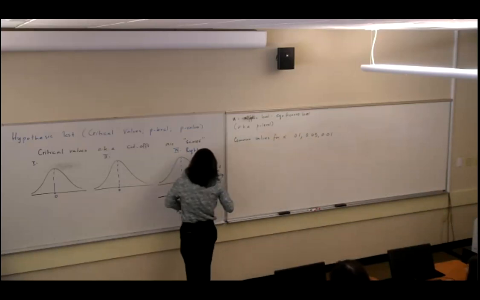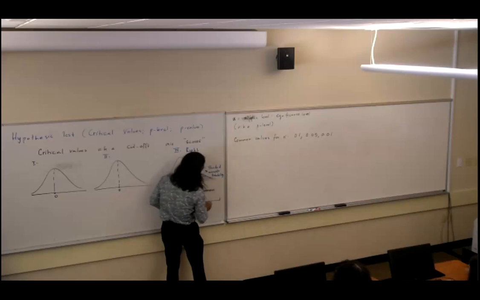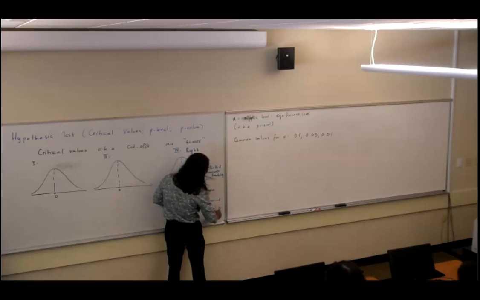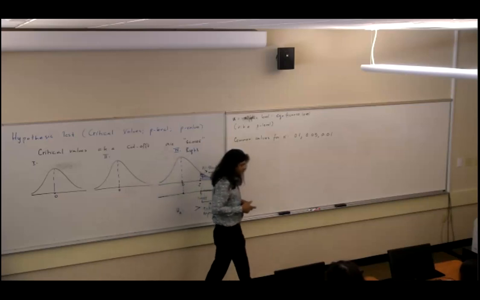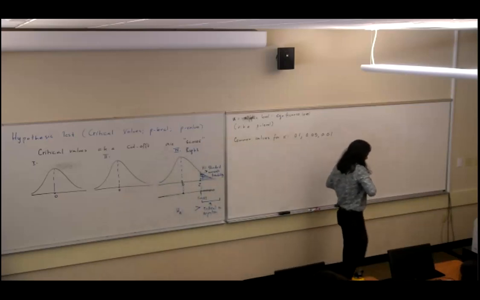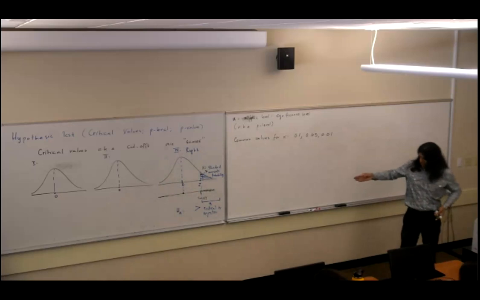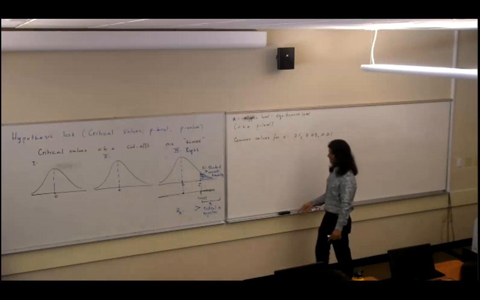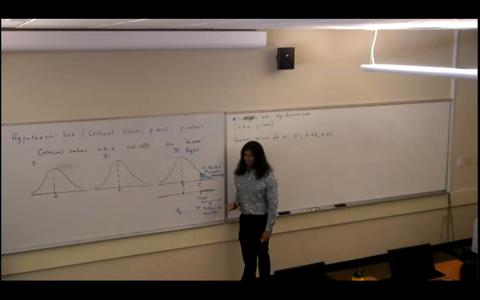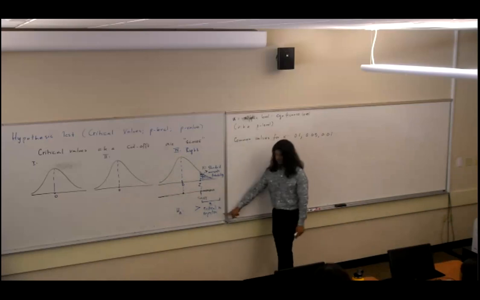So this region shaded right here is called the critical or rejection region. The name should be self-explanatory. You're rejecting based on that interval, hence rejection region. Why critical? It's critical in attaining a conclusion. Good.